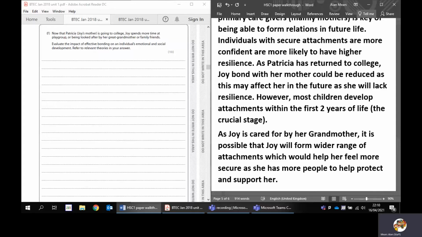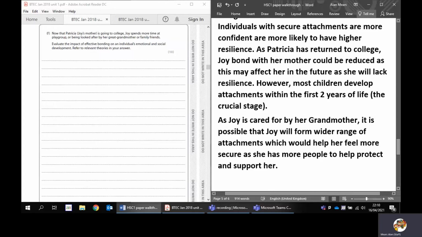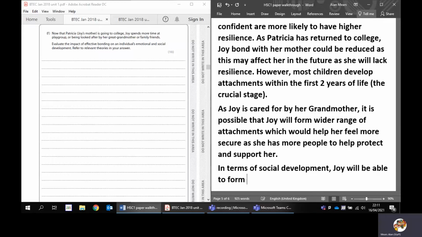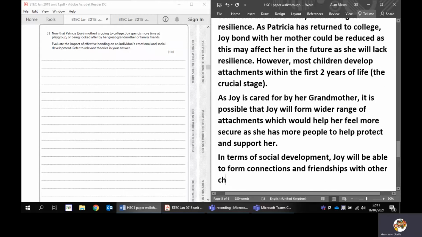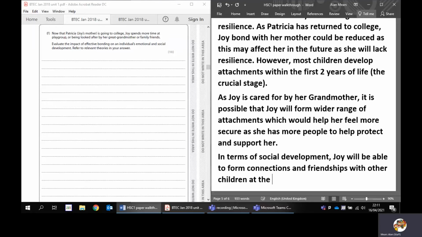In terms of social development, Joy will be able to form connections and friendships with other children at the playgroup, because I think it does say she spends more time at playgroup.